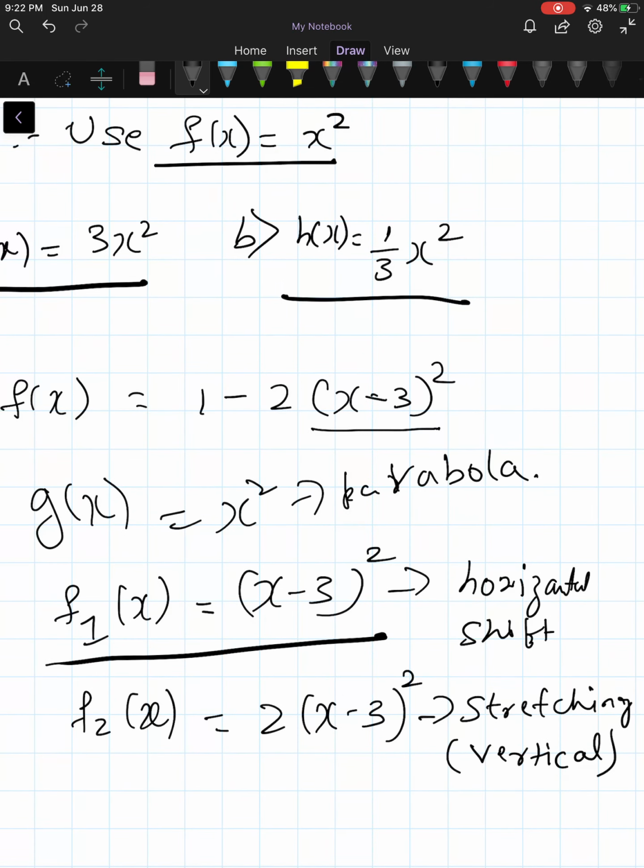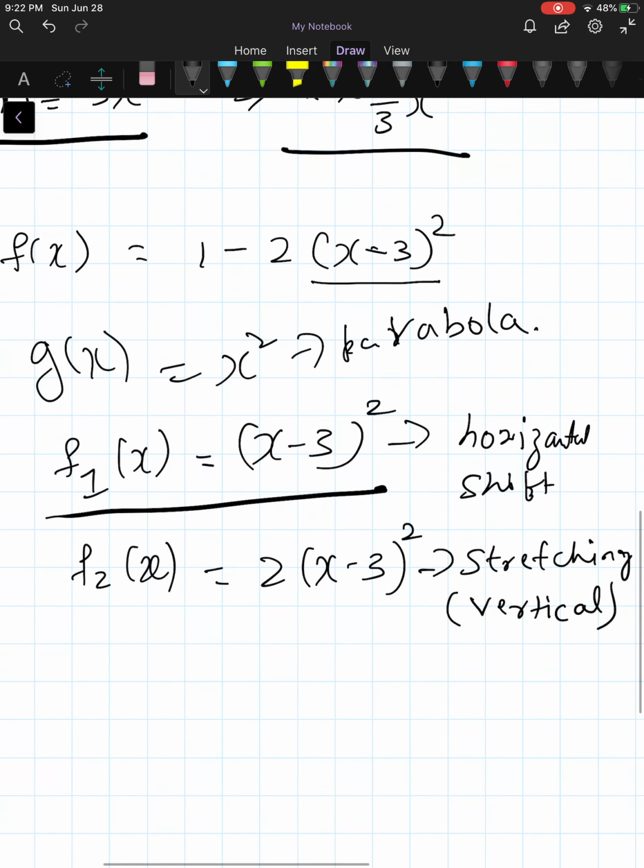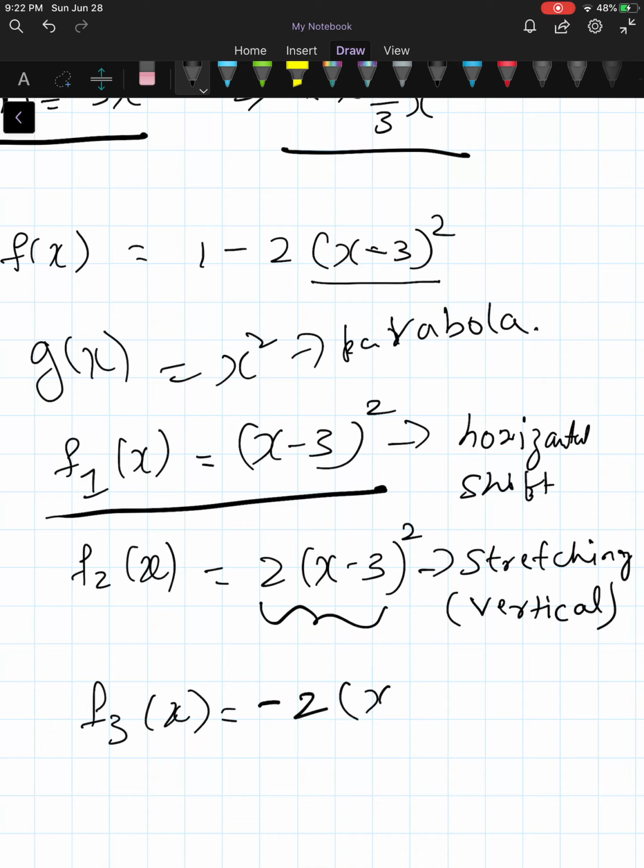Then what do we do? We multiply by negative 1 to this one. So f3 of x would be negative 2 times (x minus 3) the whole squared. So there is a vertical stretching, and now there is a negative 2, so we again stretch the graph.